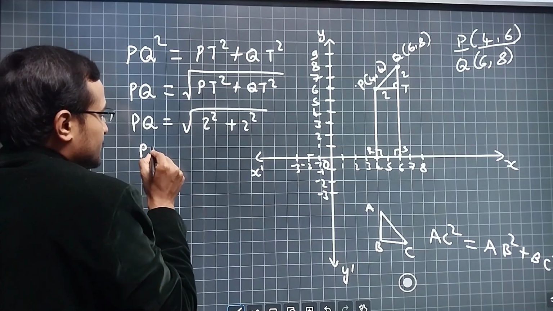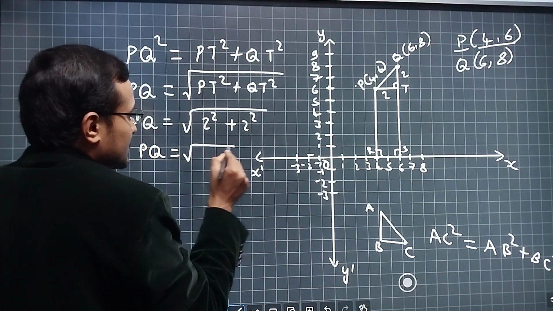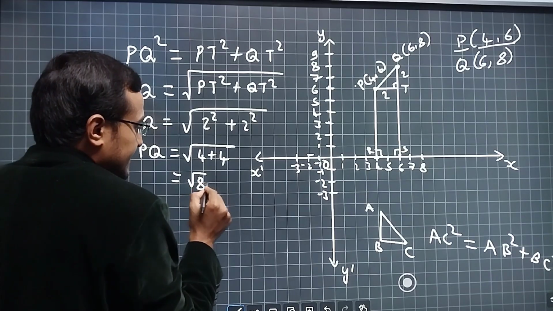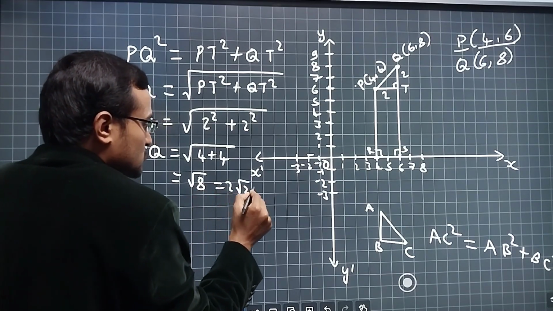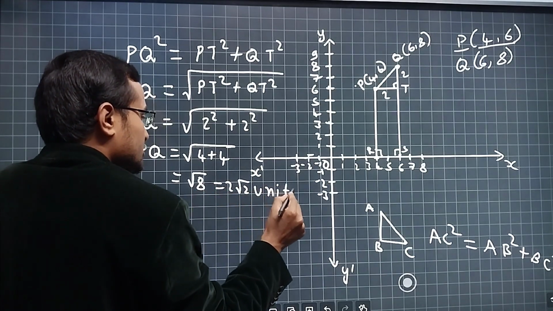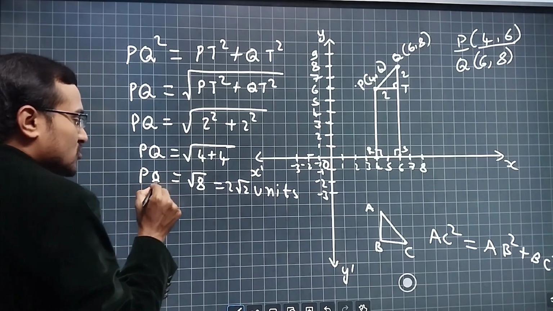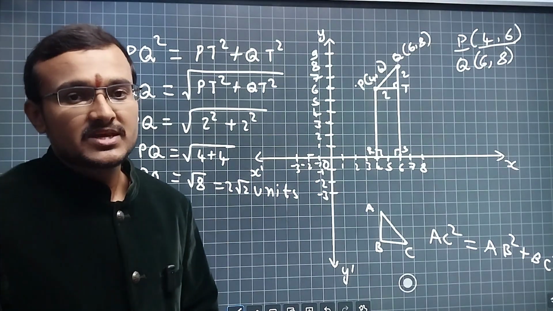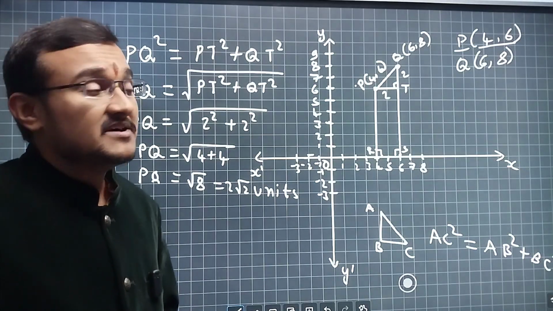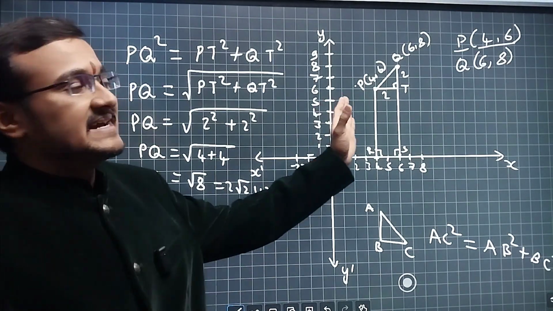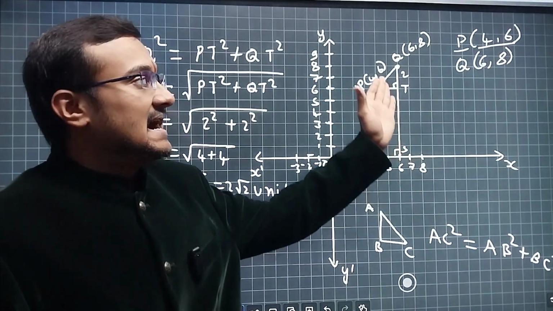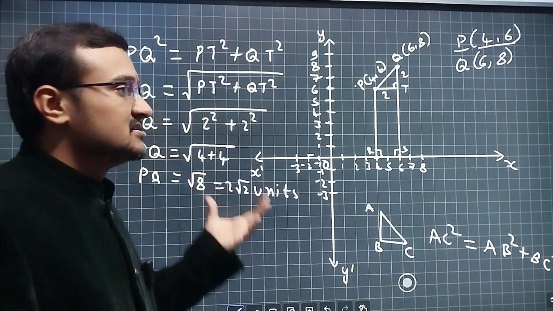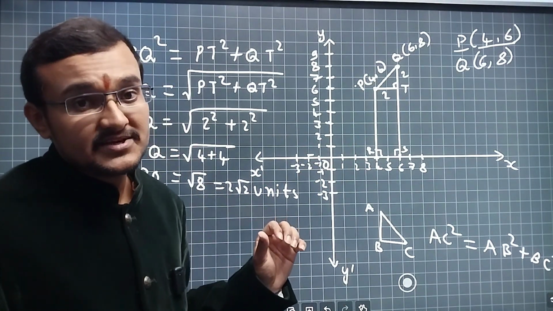So 2 square plus 2 square means 4 plus 4, which is root 8. Root 8 can be written as 2 root 2 units. So the distance between point P and Q is 2 root 2 units. Here we already know the x and y values for P and for Q, so that's why we easily solved the distance between P and Q.